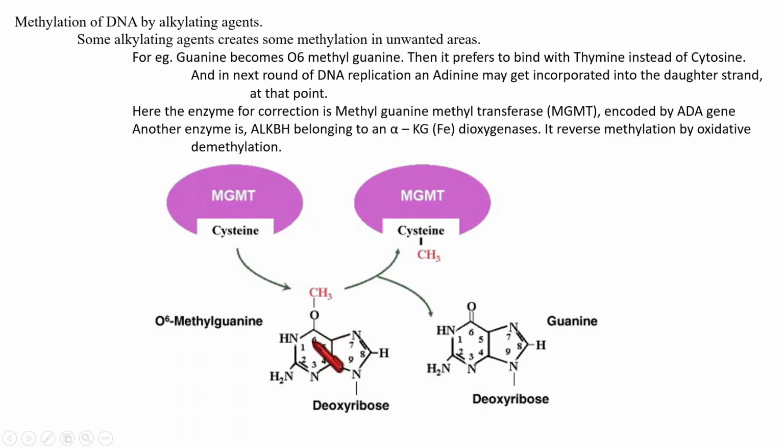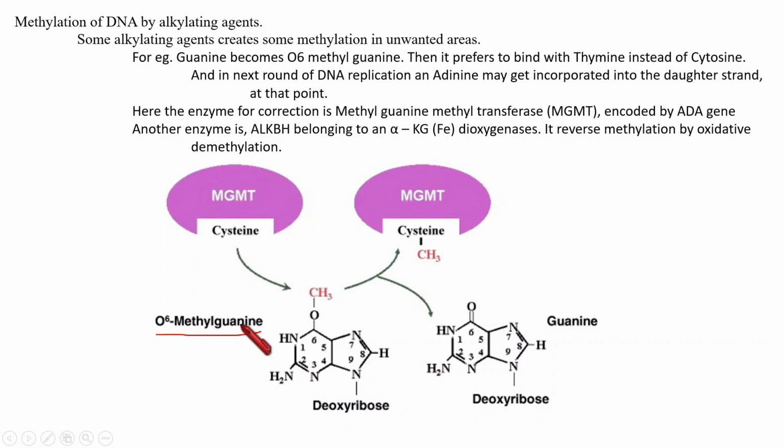The oxygen in the sixth position got an addition of a methyl group, and in that way the guanine gets converted to O6-methyl guanine. That is a modified, unwantedly methylated guanine. It is not desirable for a normal DNA. Okay, we need to correct it.